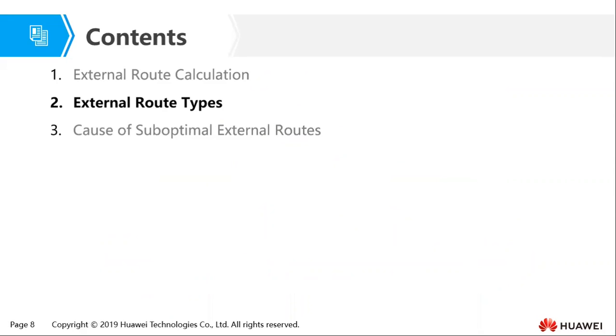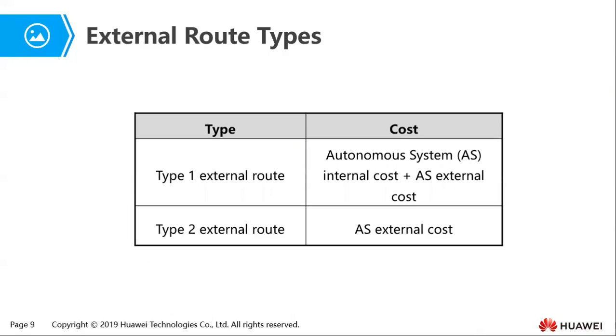So OSPF external routes: we have two types of OSPF external routes that you must understand. The first one is called type 1 external routes, and the second one is called type 2 external routes.